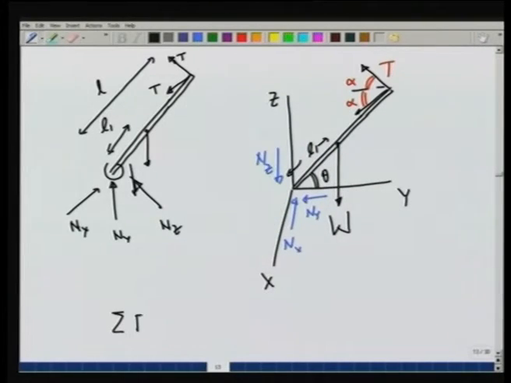So, let us now consider the equations for equilibrium. Summation over F gives summation F_x is equal to 0, summation F_y is equal to 0 and summation F_z is equal to 0. Let us consider forces in all 3 directions.